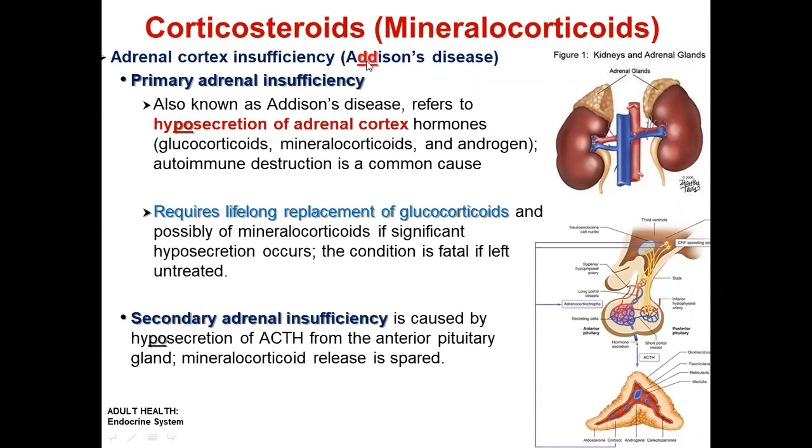D for down, D for decrease, means Addison disease, too little secretion of steroid by the adrenal cortex, outer layer, right?